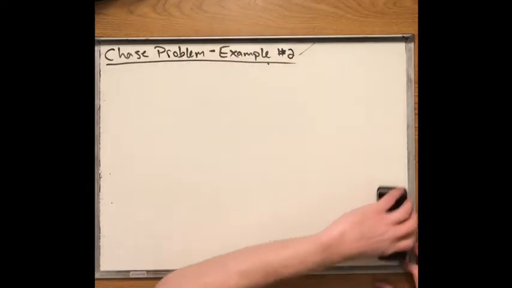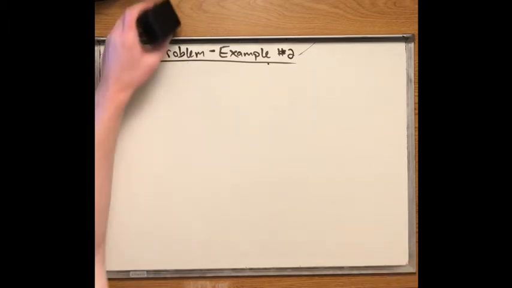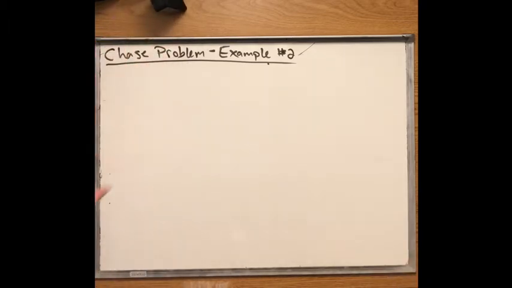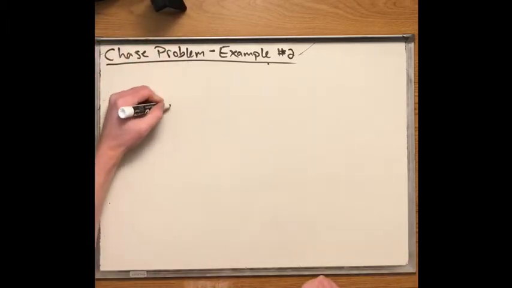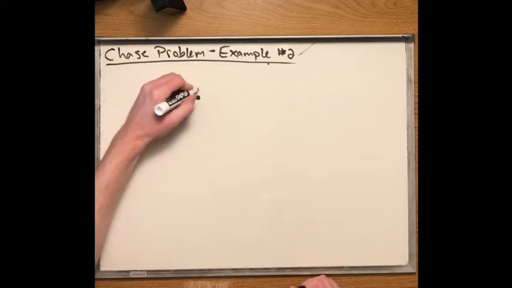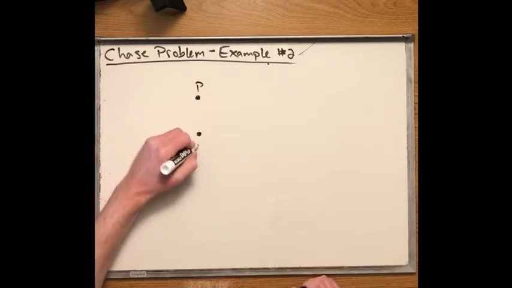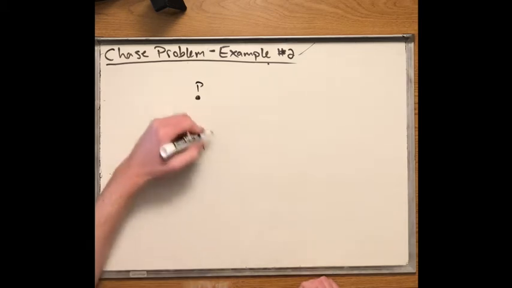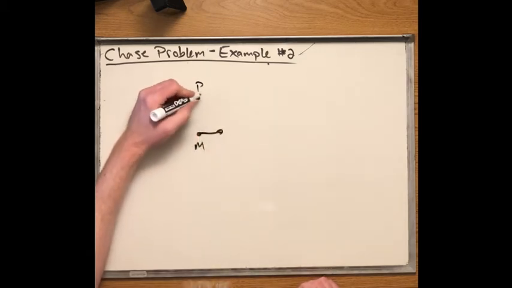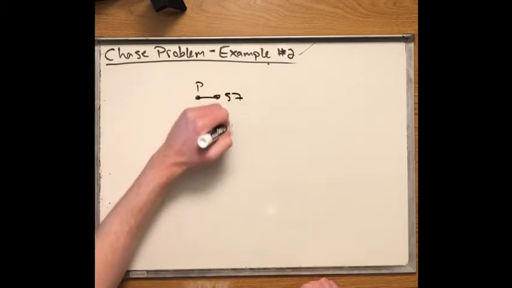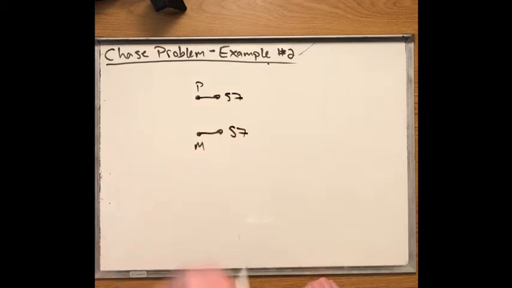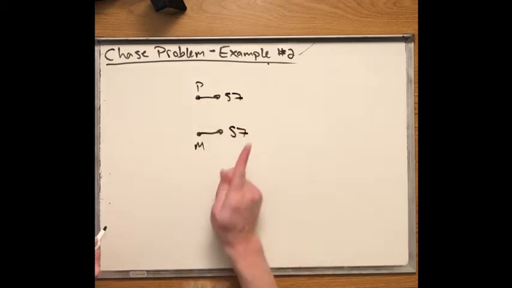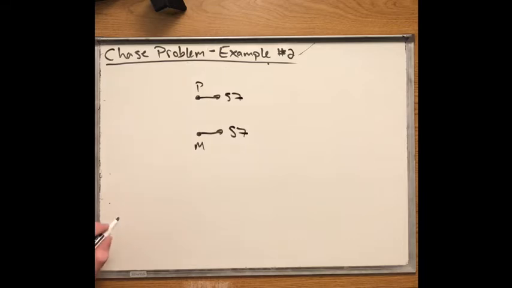That's what this method is based on. If the police officer and the motorist were both traveling at whatever that speed was, 57, there would be no relative motion between them.